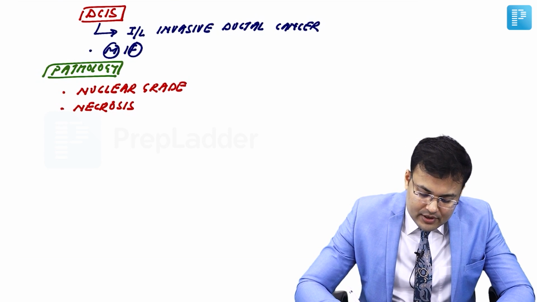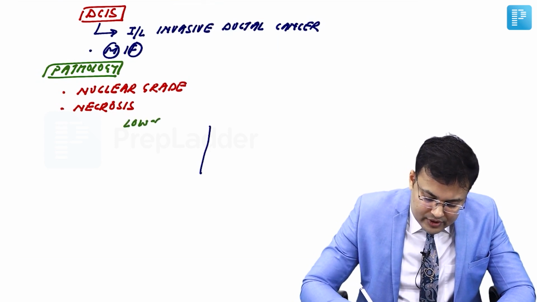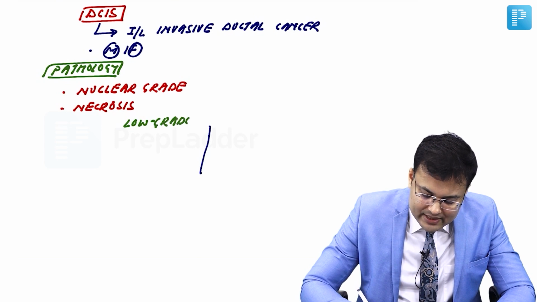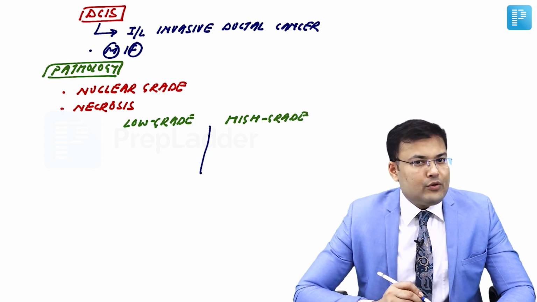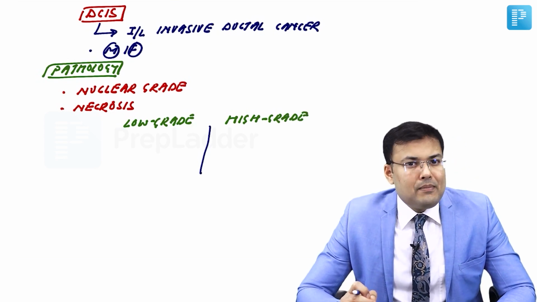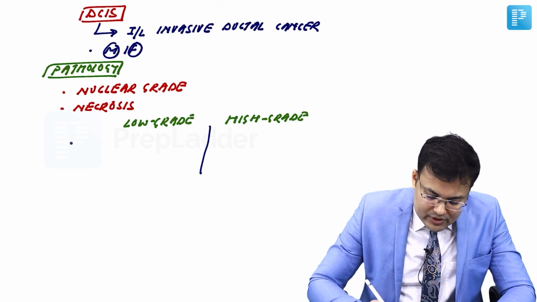Now see the types. What are the types? So first is low grade DCIS and high grade. Clear? So in low grade, we are going to include cribriform, papillary and micropapillary. So what are the types included here?